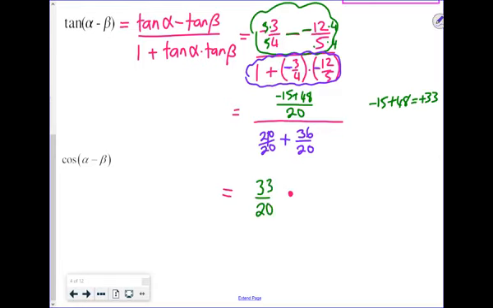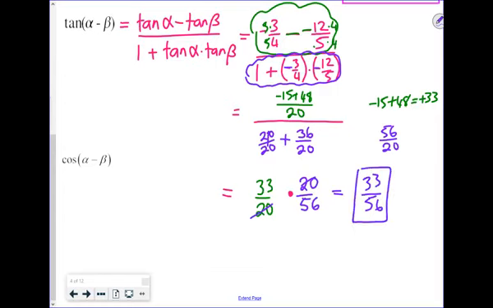And in the denominator, this is actually turning out to be 56/20, and I've got to flip it. That cancels, and I'm left with 33/56. How many of you got that right? Type yay into chat if you got it right.